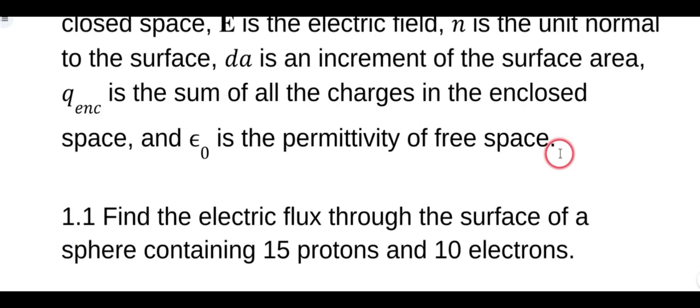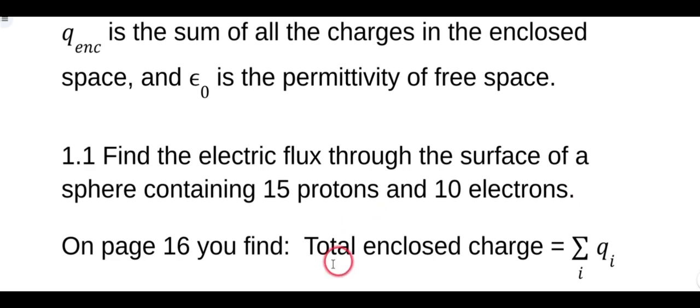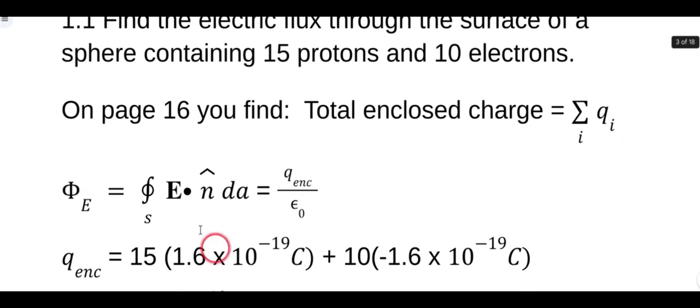Okay, so here's the very first problem. Find the electric flux through the surface of a sphere containing 15 protons and 10 electrons. I don't know what the hell that is, but it's kind of funny. So he just wants you to do the total enclosed charge, the sum of all of the charges. You have 15 positive charges, and this is the charge of one of them.